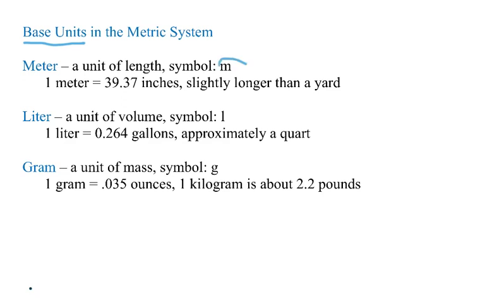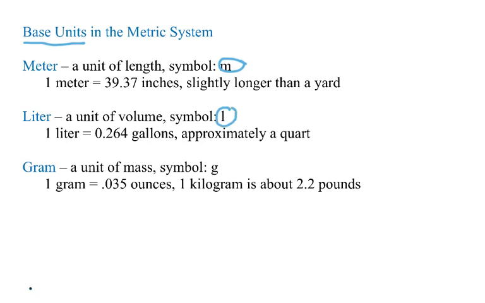The symbol for meter is M, and a meter, to connect it with what we're comfortable with in the United States, is about 39.37 inches. Or to help us see it more visually, a meter is just slightly longer than a yard. The unit of volume is a liter, and the symbol for liter is an L.